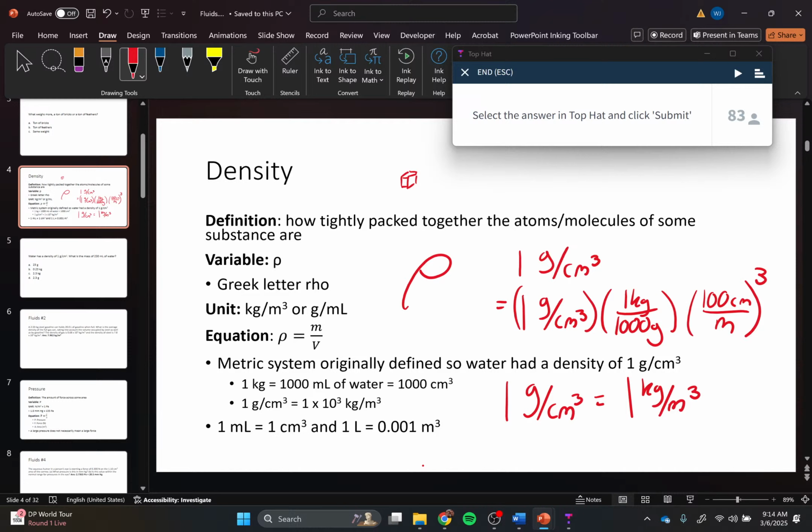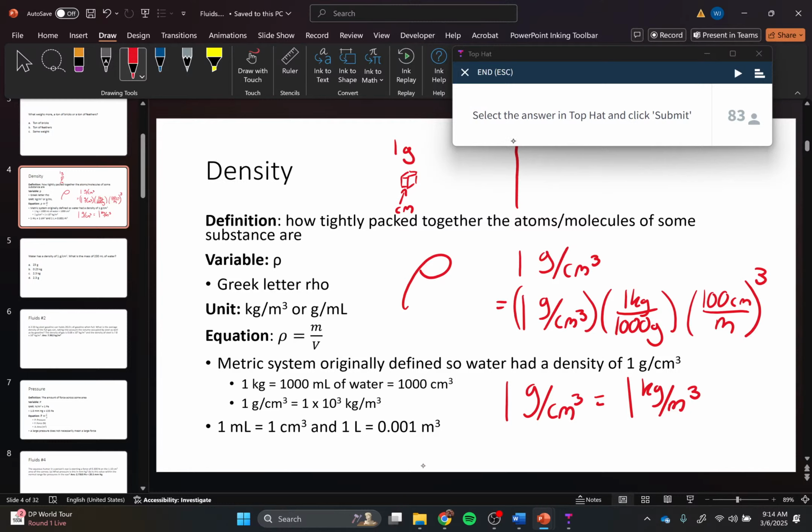That's my little cube of water. What's the mass of that cube going to be? 1 gram. That's the whole point of density. However much you have, that's your mass of it. If I have 1 centimeter cubed, I get 1 gram.